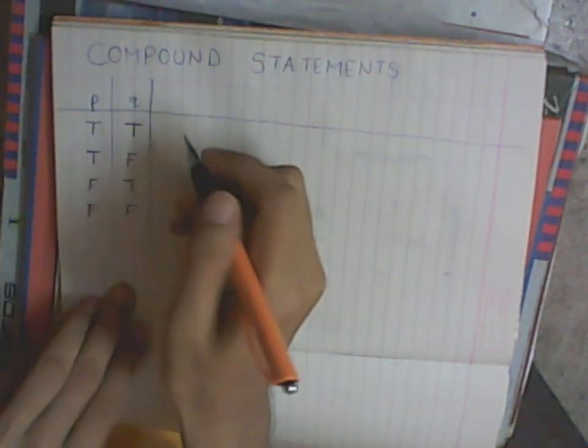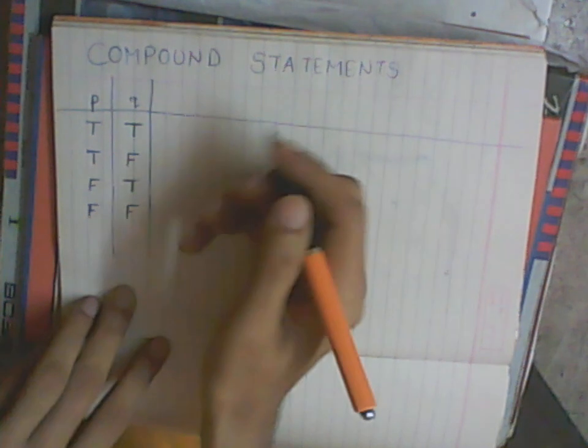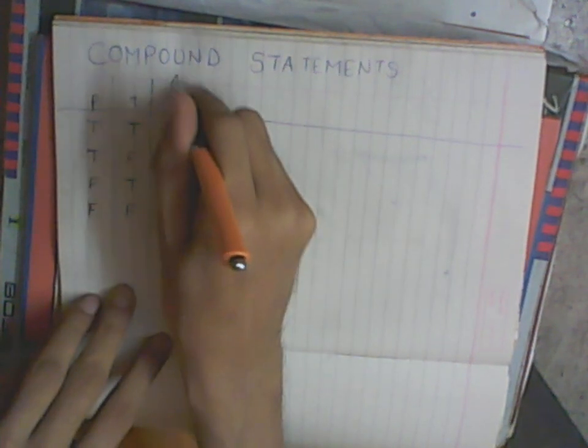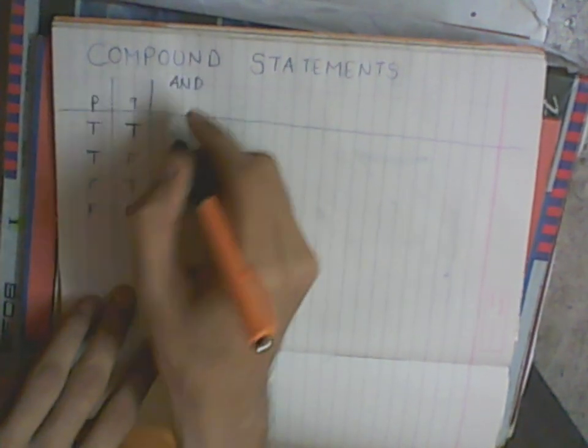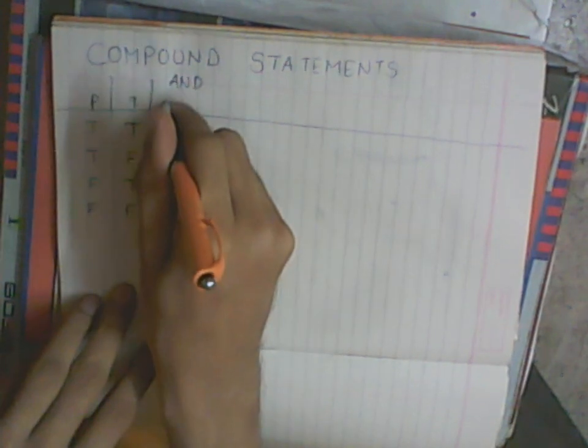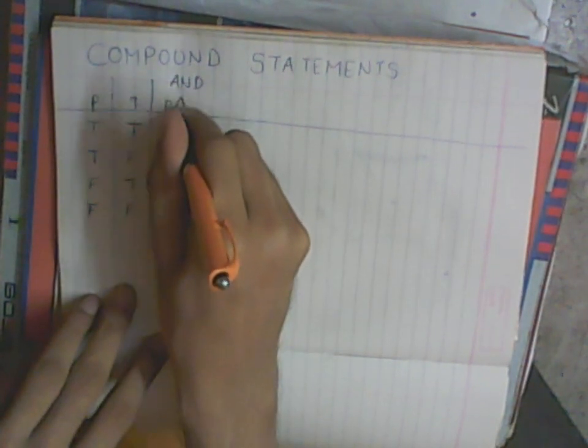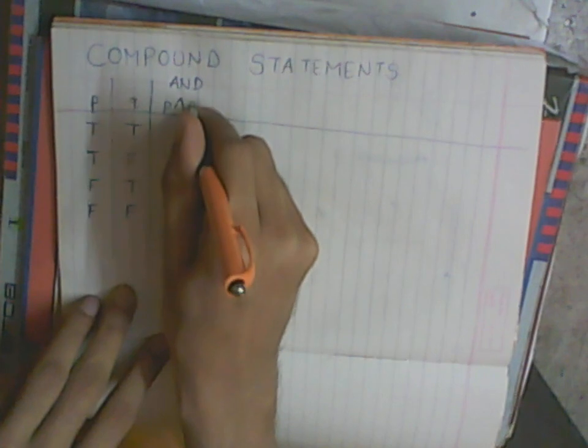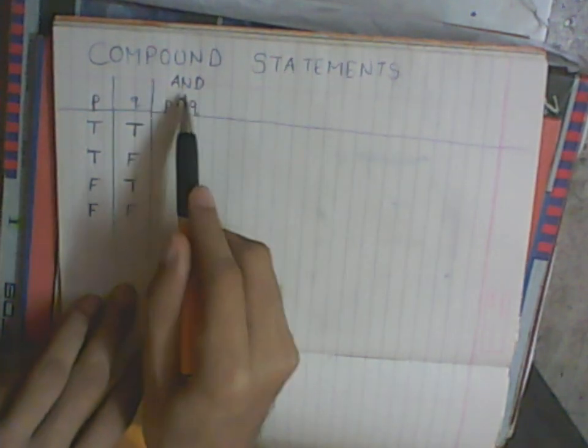The first type of compound statement that we'll come across uses the logical connective AND. It's denoted by P, this upside down V symbol, Q, and it stands for AND.